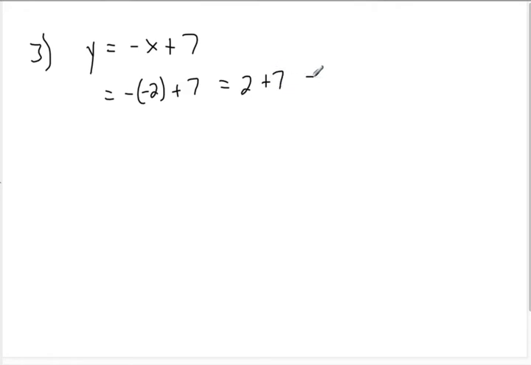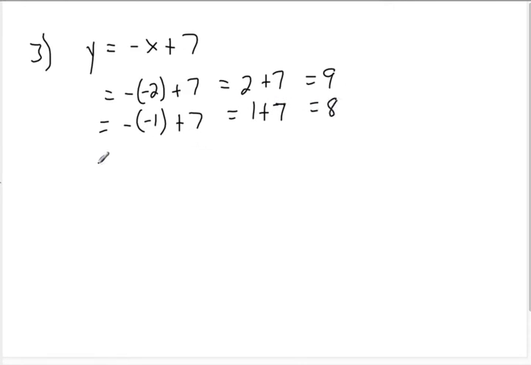Alright, next one. The equation is y equals -x plus 7. So in this case, when we're plugging in the x value, if the x value is negative already, it ends up being positive, right? So again, when I plug in -1, it's actually the opposite of -1. So I end up with 1 plus 7, which is 8.